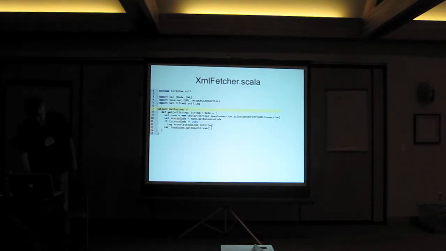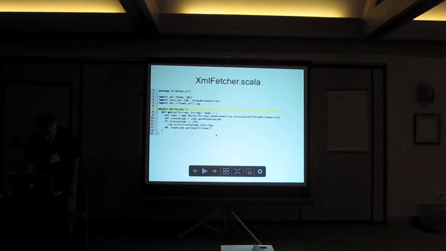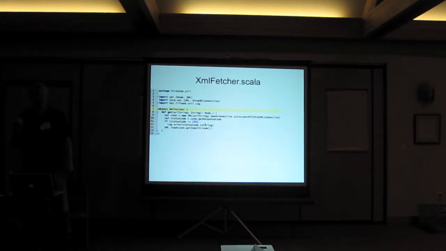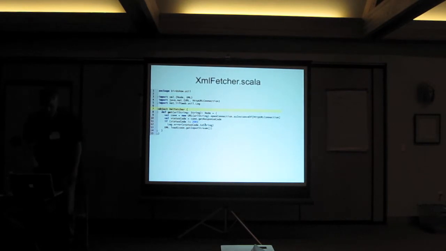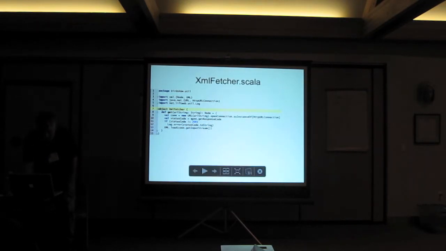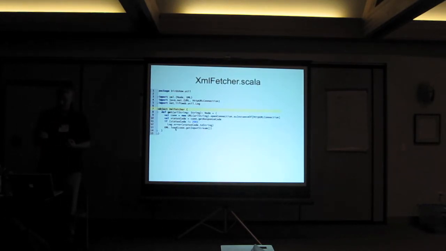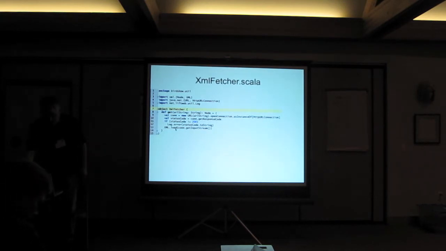This particular bit of code makes the HTTP GET request to Flickr to pull the information back. You can see that it uses java.net.URL and openConnection and casts it to something. And then this XML.load is a Scala feature that parses all that XML into a nice object that you can kind of query.